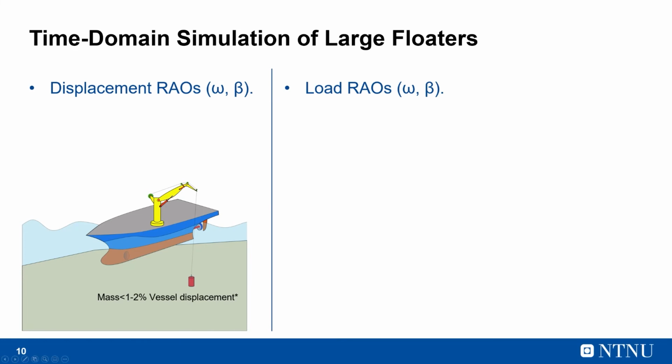Once you have the displacement RAOs, we can simulate the vessel motion directly by multiplying the sea surface elevation with the response amplitude operator. This is done in cases where, for example, the suspended mass is less than 1 to 2% of the vessel displacement. And in this case, the dynamics of the mass does not significantly impact the dynamics of the vessel itself.